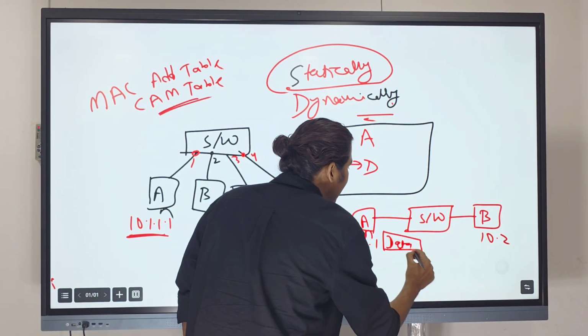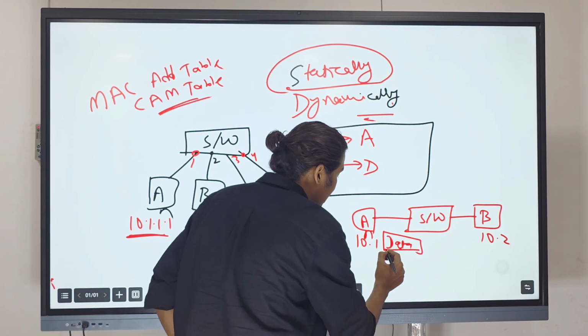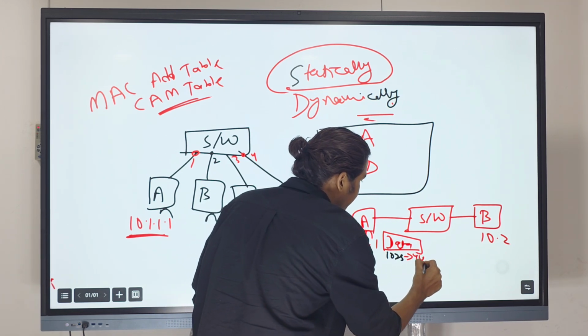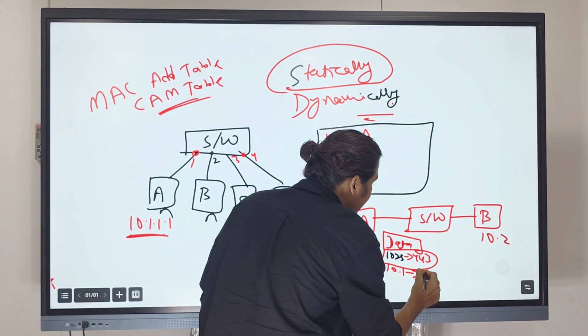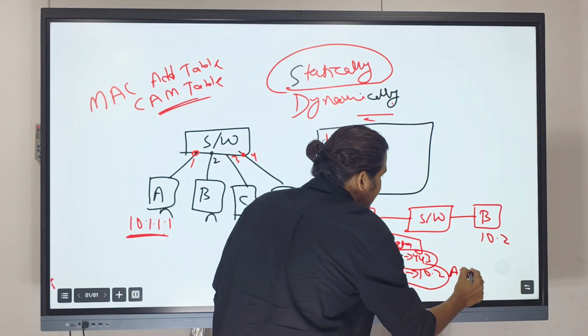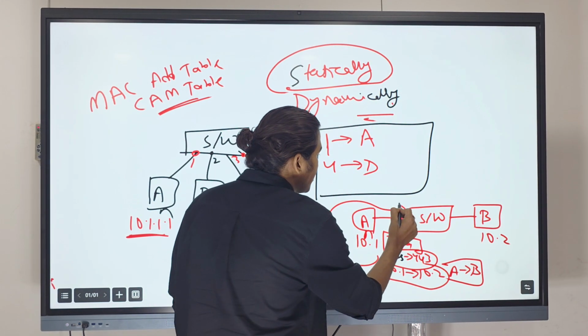After that, with the actual data, it attaches extra information, meaning headers: source port 1025, destination port 443, source IP 10.1, destination IP 10.2, source MAC A and destination MAC B. And the PC will forward it to the switch.